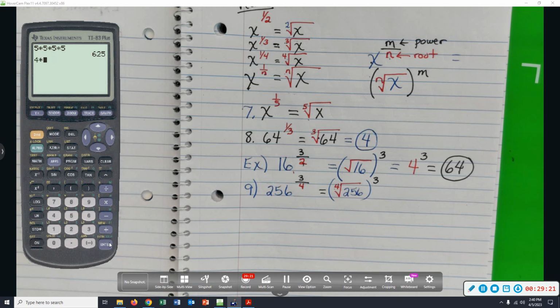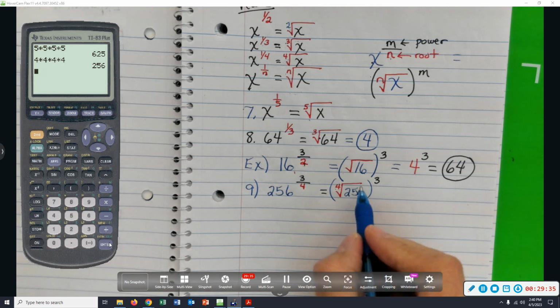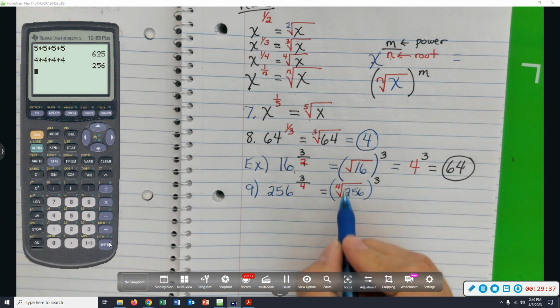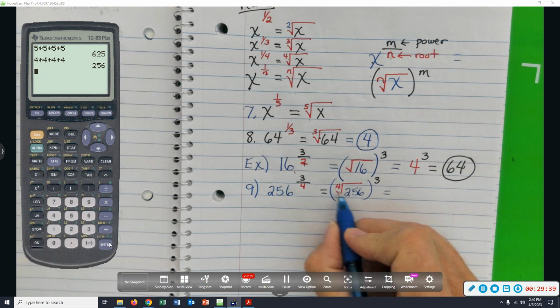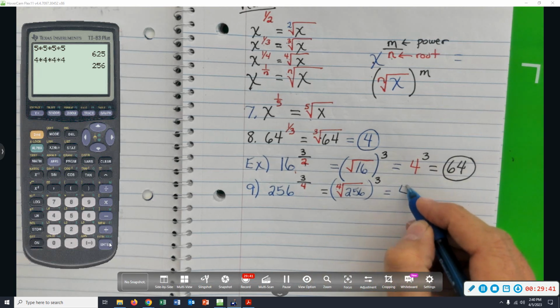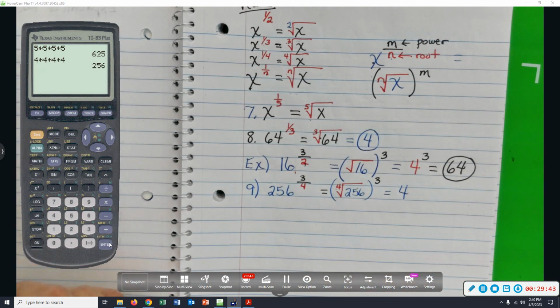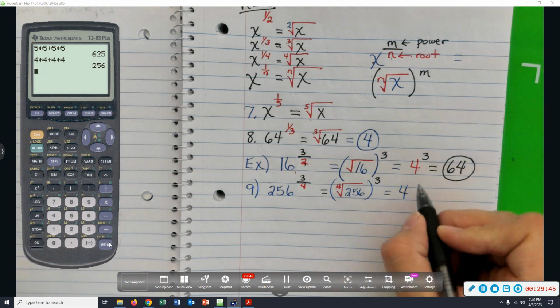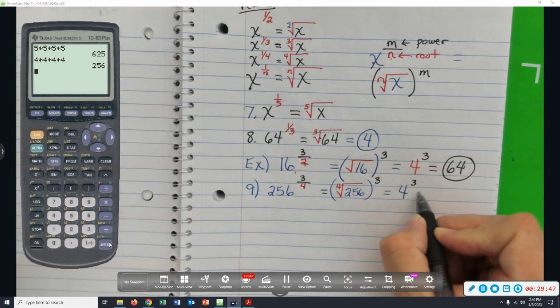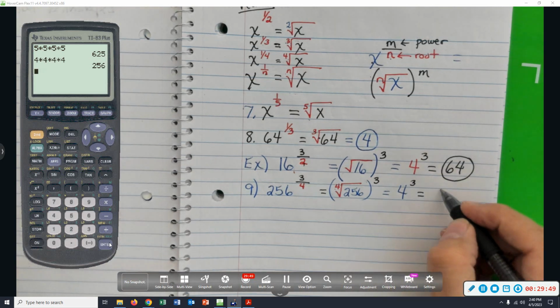What about multiplying 4 4s? Would that get me 256? What do y'all think? Yeah. So the 4th root, what am I going to put inside these parentheses? The 4th root of 256 is a 4. Oh, cubed. I have an idea of what that is. 64. Yeah, 4 to the 3rd is 64.